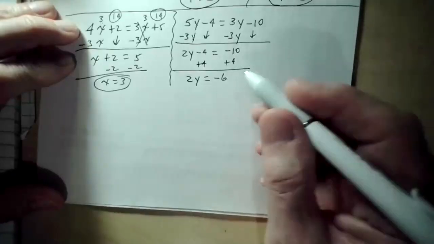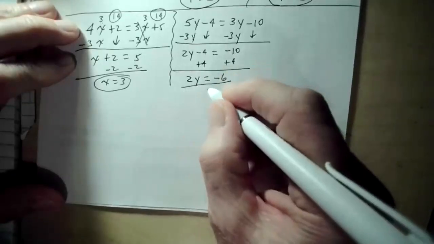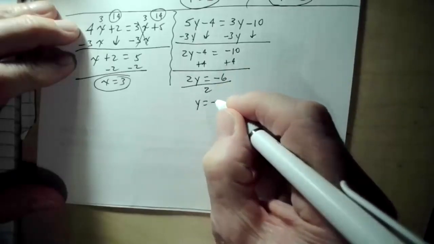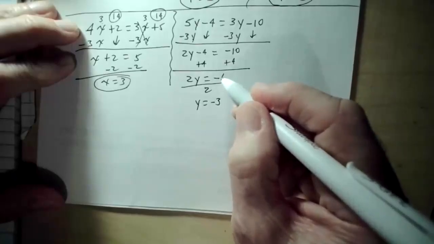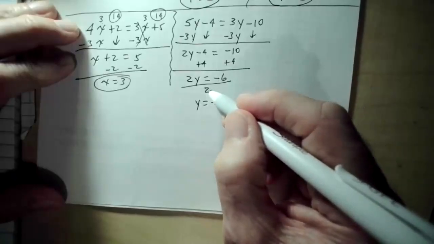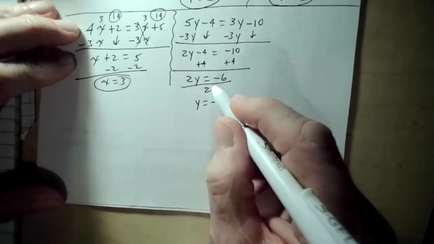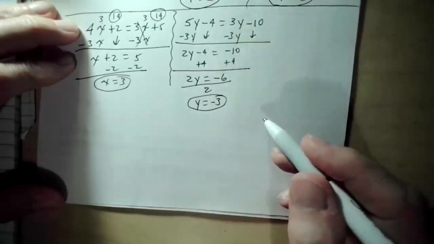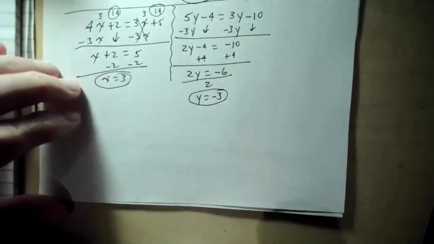Negative 10 plus 4 is a negative 6. Now we divide everything by 2. Y equals negative 3. Negative 6 divided by positive 2. Negative divided by positive is a negative. You can plug it back in if you want to, but I ain't doing it.